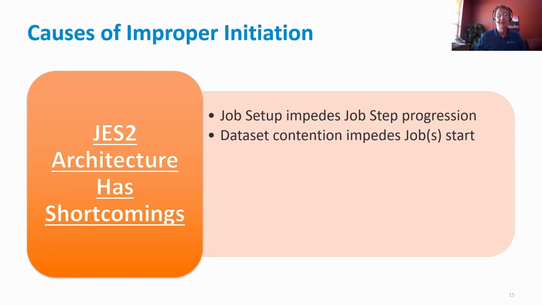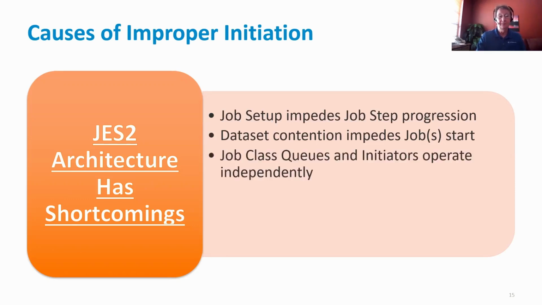Like I said, the job setup impedes the job step progression, data set contention impedes the jobs getting started. Those are causes of over initiation and certainly impact throughput. The job class queues and initiators are all independent of each other. To JES2, any job is as important as any other job. It doesn't know any different. It doesn't care.